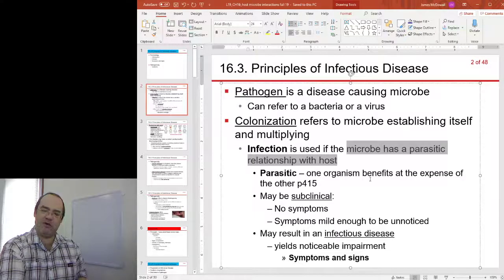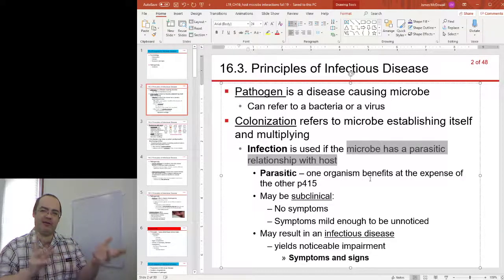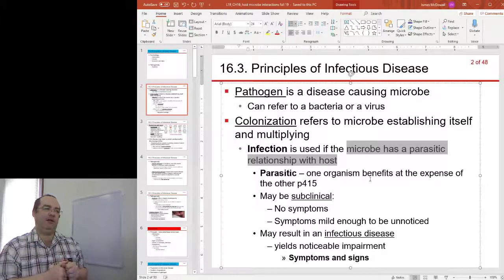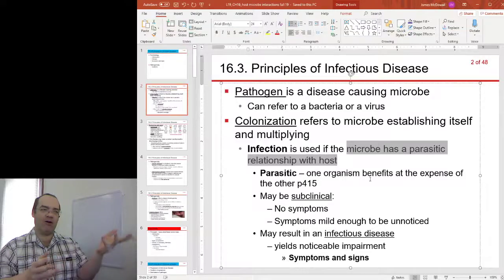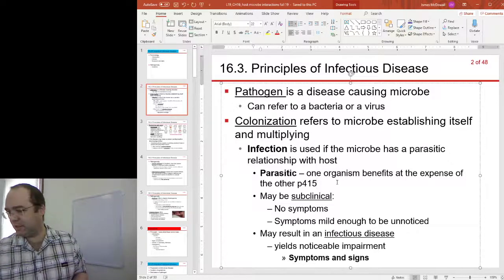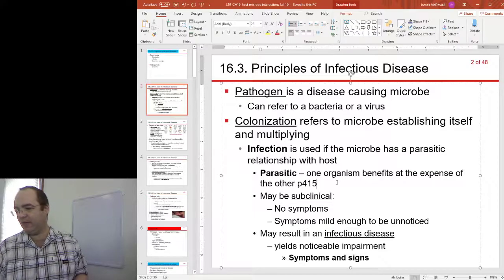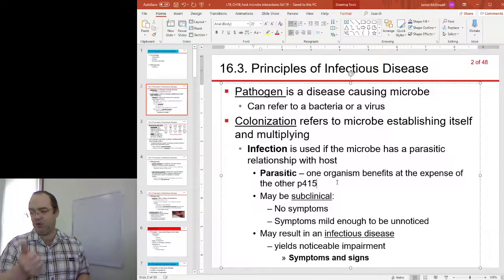In order to properly apply the term parasite, the two interacting species have to be different. So, for example, a dog couldn't be parasitic upon another dog, technically. There are other terms that you should familiarize yourself with too, on page 416. Mutualism, commensalism, parasitism, but I'll let you do that in your own time.